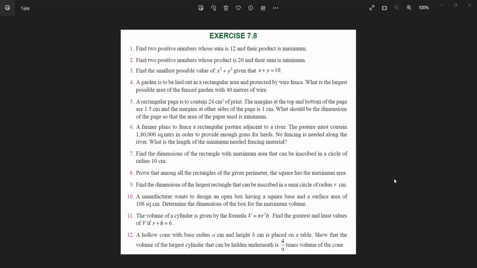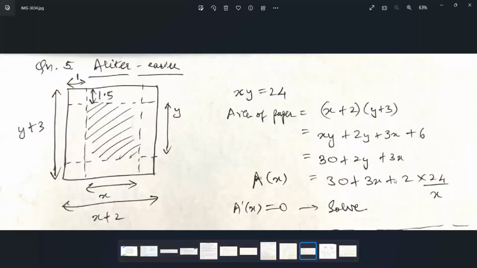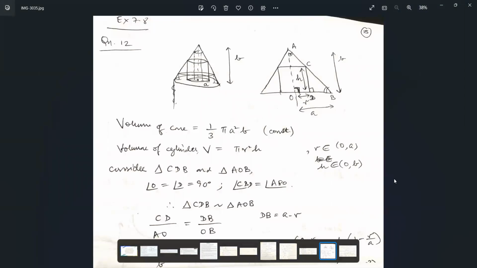So for this problem, we have to use some geometry which we have learned in lower classes. That is, suppose this is the cone with base A and height B. Now, there are different possibilities of keeping a cylinder there. For example, we can have a cylinder which is of very small height but a very wide radius.